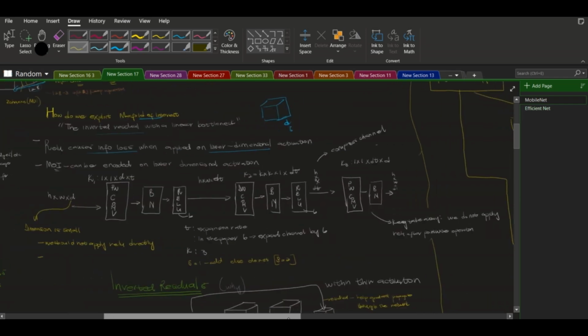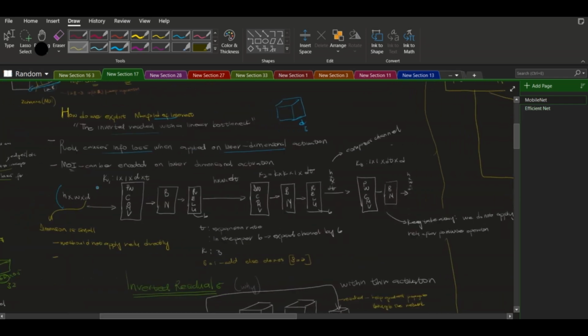So let's say we have an input with height, width, and dimension. To still be able to extract the important information in lower dimensional activation, we introduce this inverted residual with linear bottleneck.